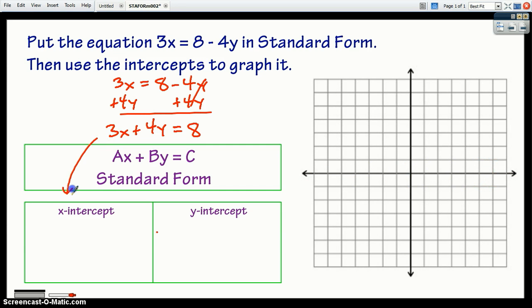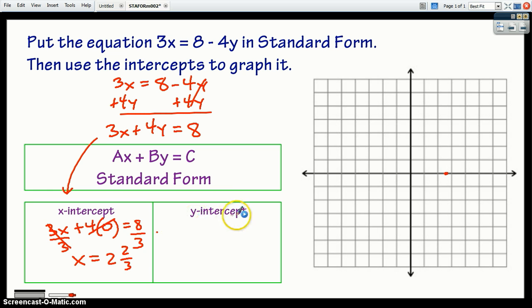So if I take my equation, 3x plus 4 times 0 equals 8. 4 times 0 just vanishes from the problem, and we get 3x equals 8, which I can solve in one step by dividing by 3. And I get x is, as a mixed number, 2 2/3, which, if I go by ones, 2 2/3 would be approximately here.